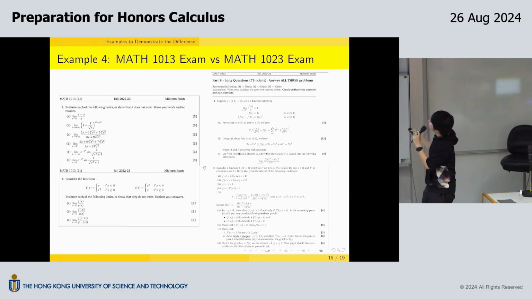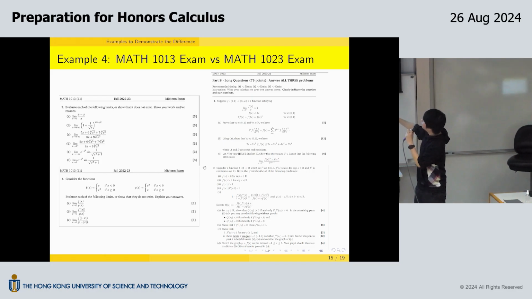So you are asked to work on derivations, and you are asked to prove some kind of statement or conclusion. So for example, in this problem, you are given a function f satisfying all these requirements, right? And then in this part, you are asked to show that there exists a unique point such that the function satisfies some property. And you can see there's some logic behind this sentence, right?